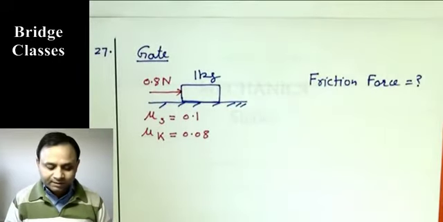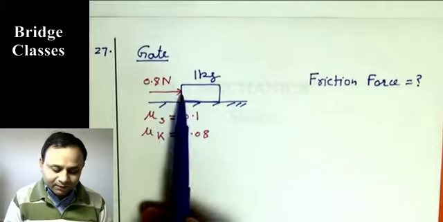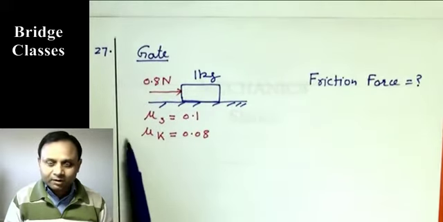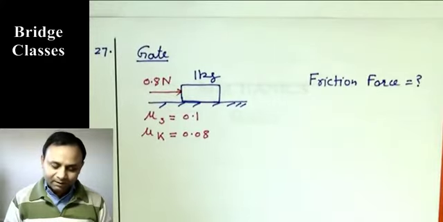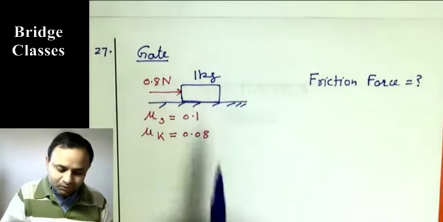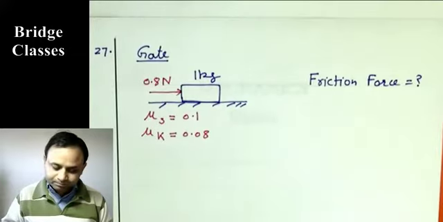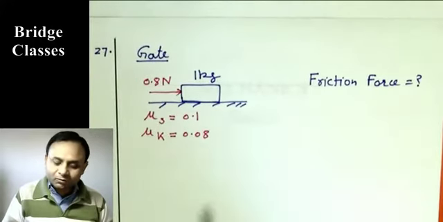Okay, so the first thing is you figure out, under the effect of this force, whether the body actually starts to move or it remains at rest. The way to do that is you see the effect of all the forces. We have only 0.8 Newton here.